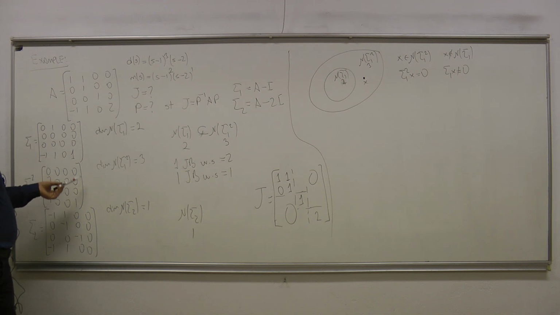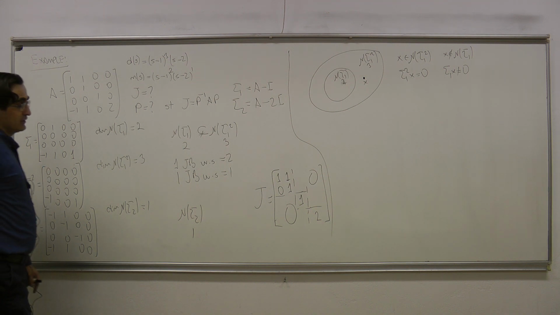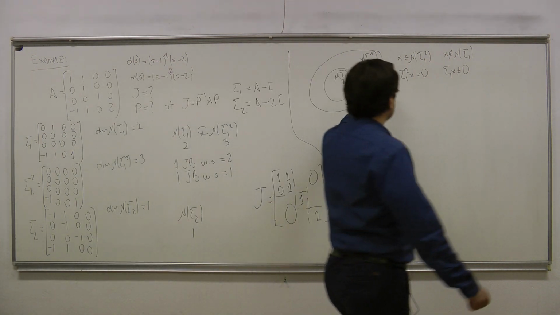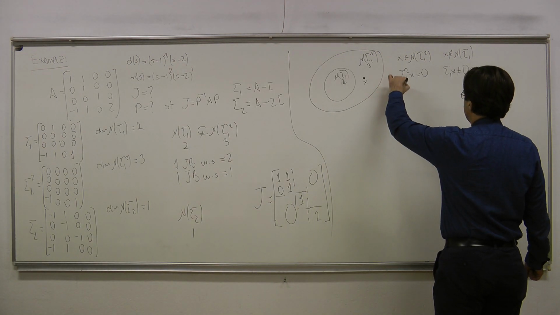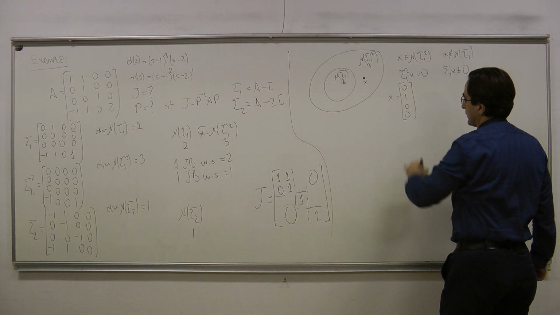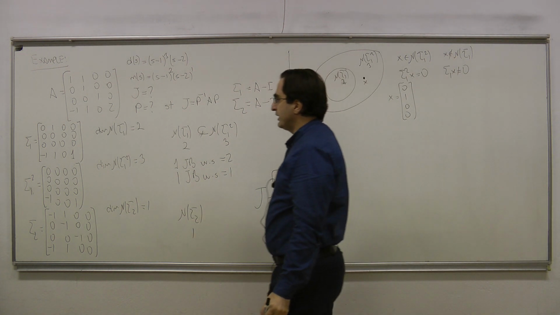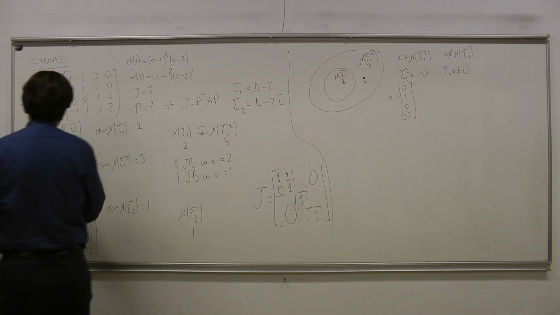If you look at the vectors inside the null space of this matrix, you can see that I can choose 0, 1, 0, 0 in the null space, because that means that I will take the second column as the result of the multiplication, which means that that vector is inside the null space. So I can choose x equals 0, 1, 0, 0. This choice really is not unique here.